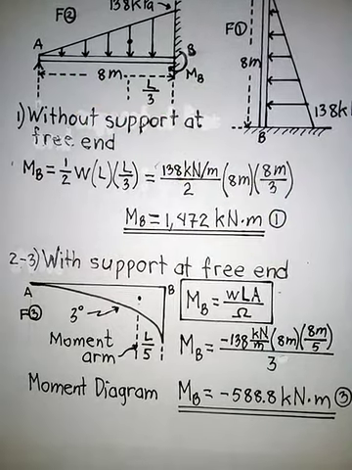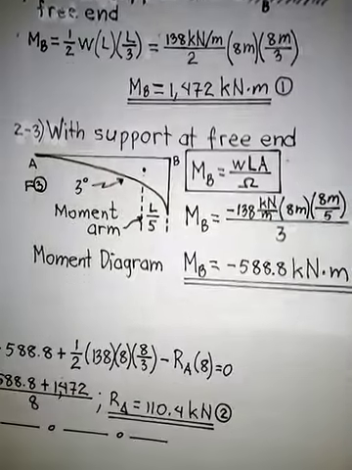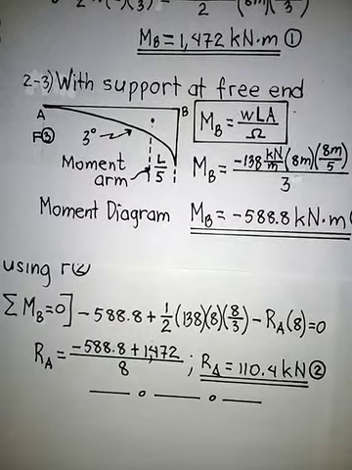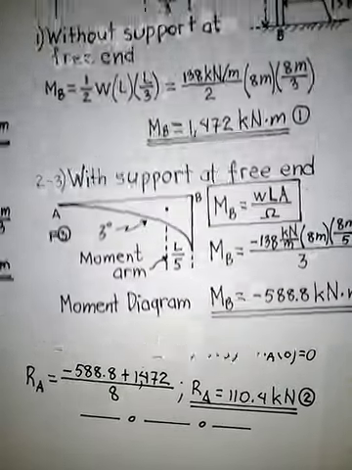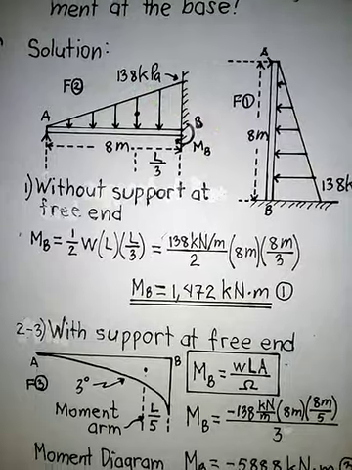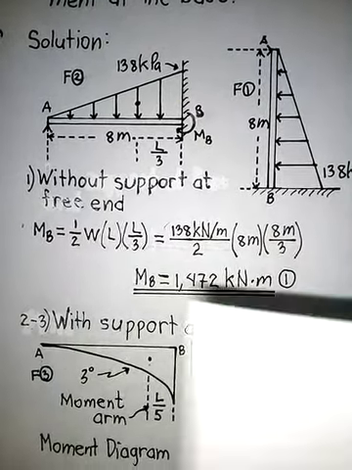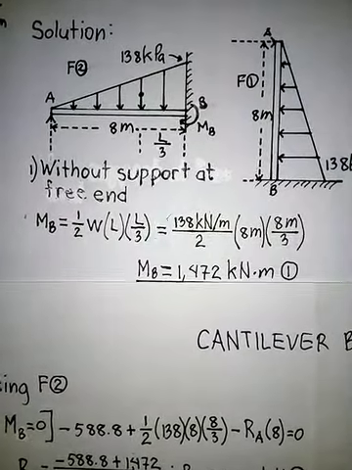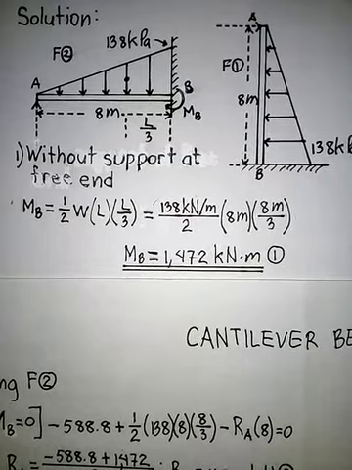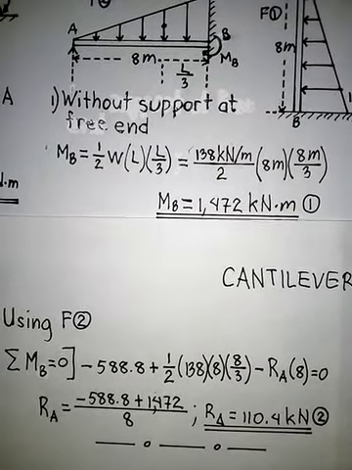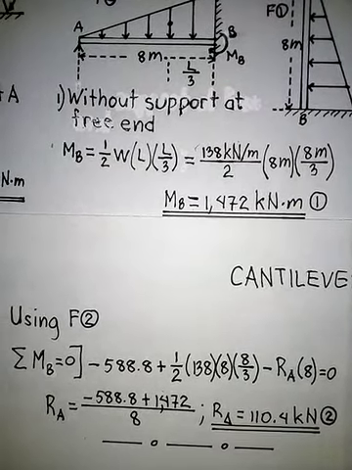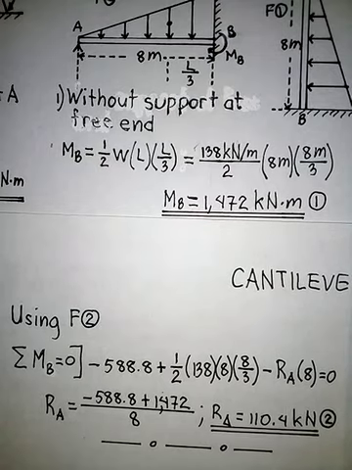So to compute for that, we will be using figure 2 here. So in using figure 2, we will have summation of moment at B is equal to 0.